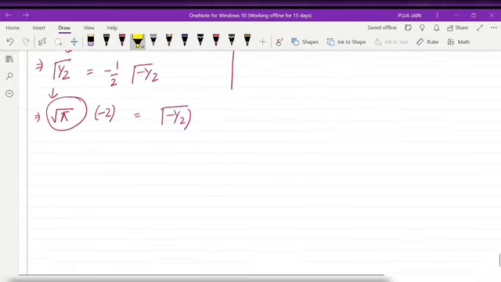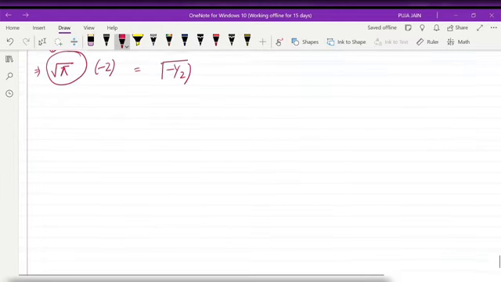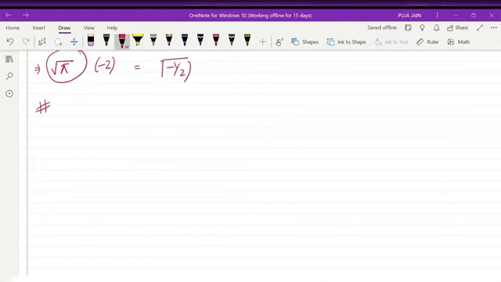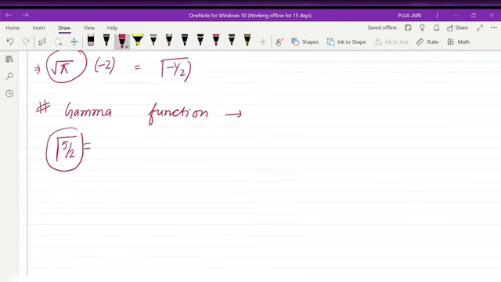Now suppose in a question you are using the gamma function and you have calculated an integral, and after calculation you are getting gamma 5 by 2. How to break this gamma? We know gamma n plus 1 is equal to n gamma n. So this can be written as 3 by 2 plus 1.